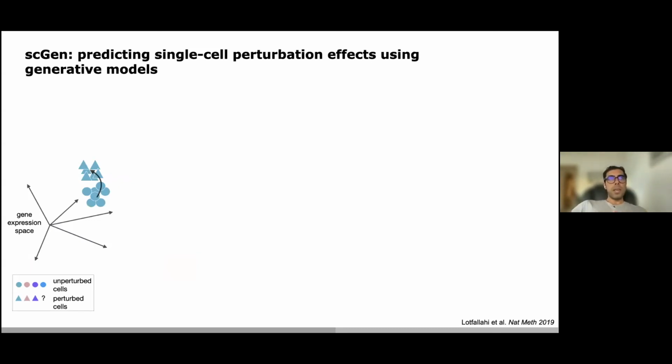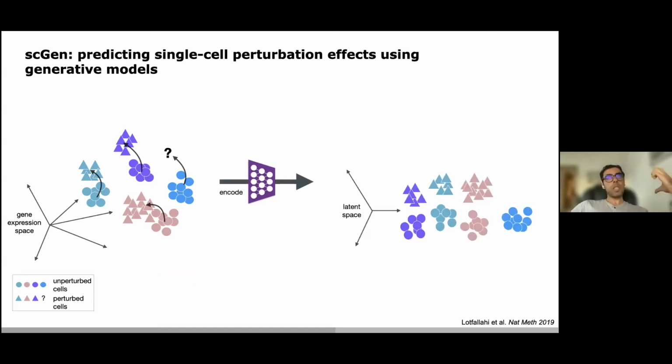So we did scGen, where we wanted to predict unseen cell types after a perturbation. To do that, we encoded the gene expression using a generative model into a latent space. In that latent space, we inferred a delta vector, which basically shifts the control cells toward the perturbed states.